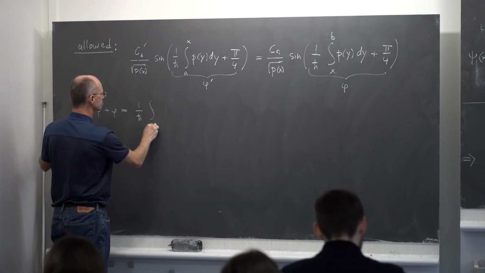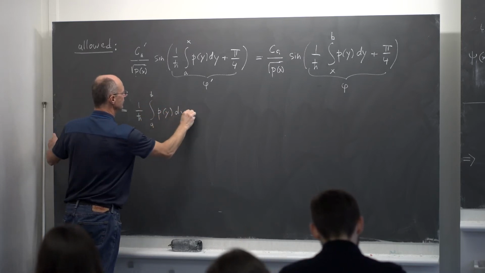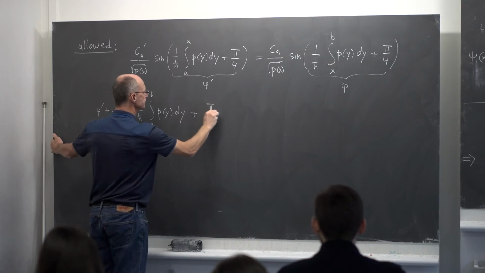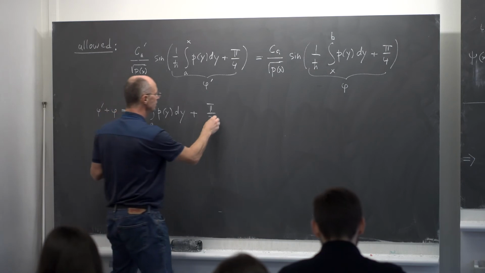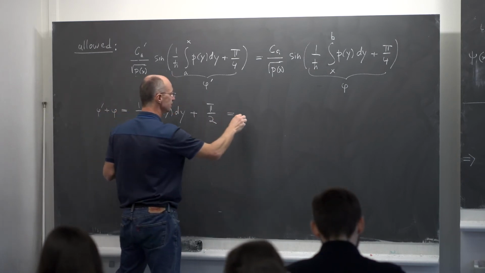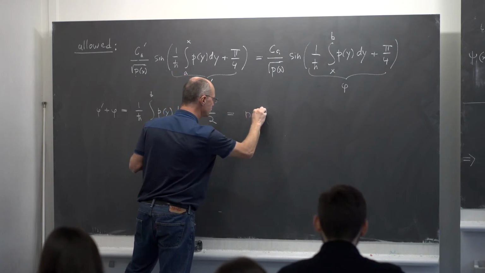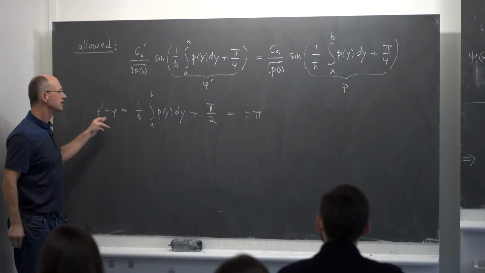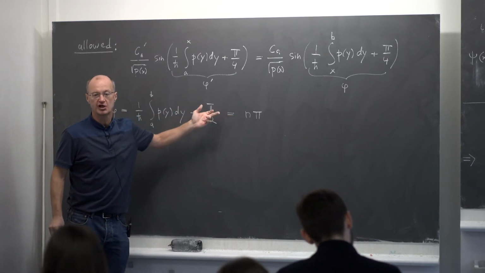That's an integral from a to b of p of y dy, plus pi over 2. If this is equal to an integer times pi, then the corresponding sine functions are either equal or opposite to each other.